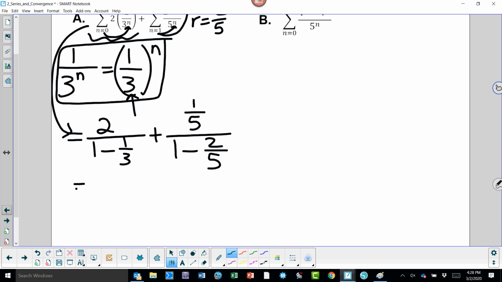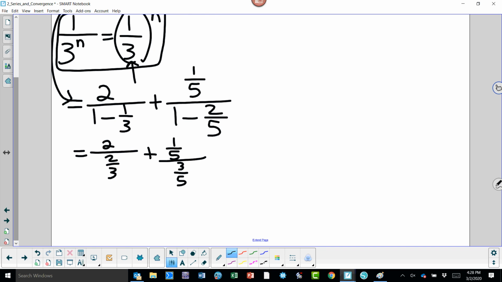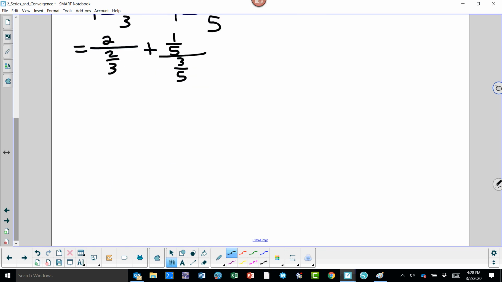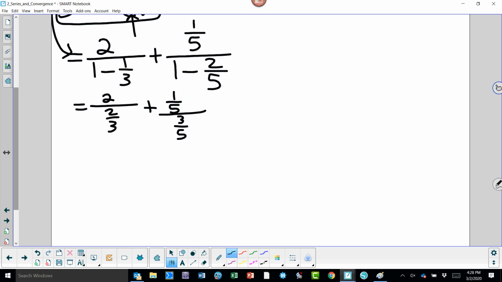Then I just need to do some arithmetic here, which again, make sure you're practicing. So I will have 2 over 1 minus 1/3, which is 3/3 minus 1/3, which is 2 over 2/3, plus 1/5 over 1 minus 2/5, which is 3/5. Now I could have done this a different way by multiplying by the common denominator and simplifying that way, and I'm going to do that next.